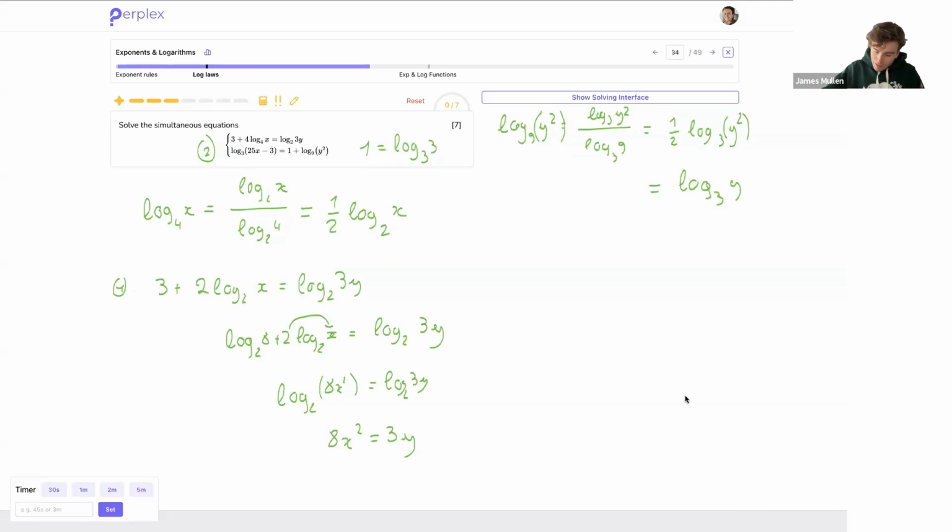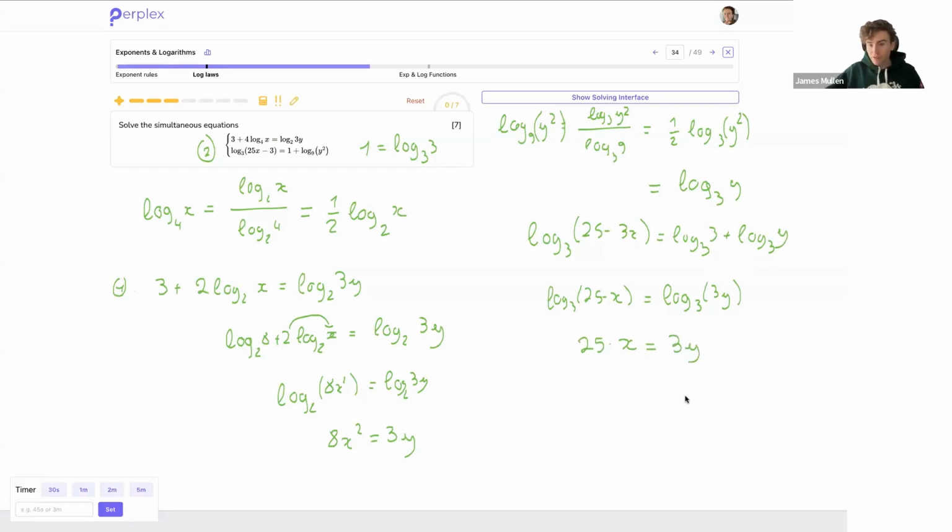And then I would have log base 3 of 25 minus 3x is equal to log base 3 of 3 plus log base 3 of y, which means that log base 3 of 25 minus x is equal to log base 3 of 3y. Now I have two logs in the same base equal to each other. I can equate the arguments. 25 minus x is equal to 3y.